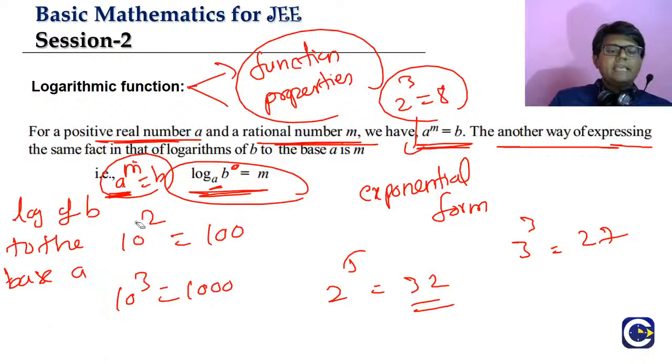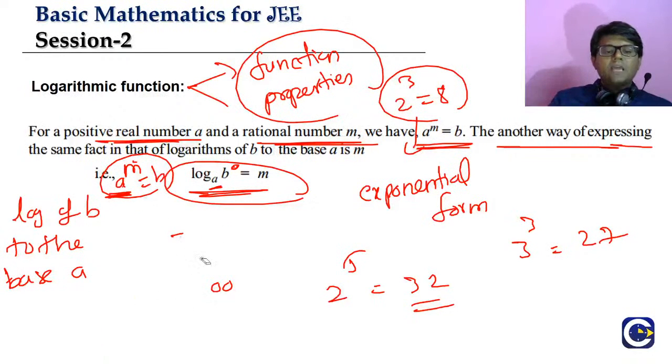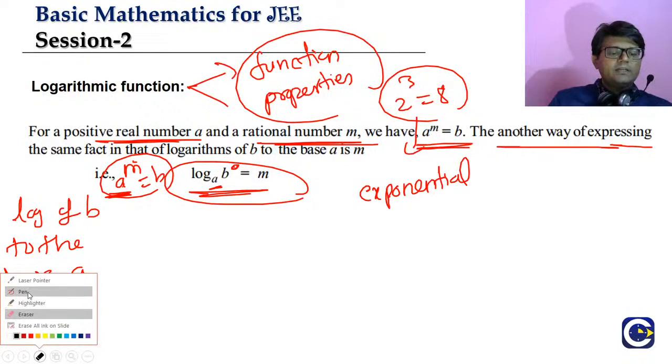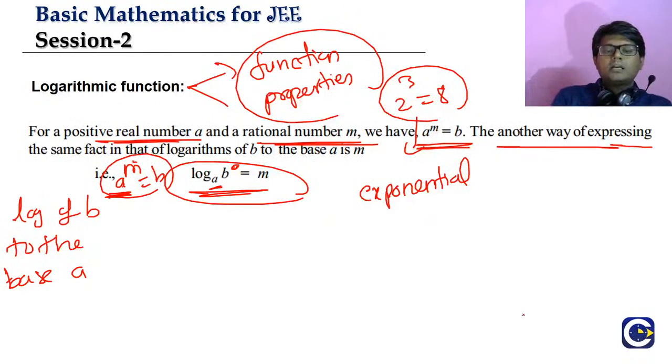What are we basically saying? The same information, a power m is equal to b. We know a is the base, m is the power, and that is what we call the exponential form of representation. For the same information, we can use a logarithmic type of function. We are saying log of b to the base a is equal to m. You know, how do we read it?